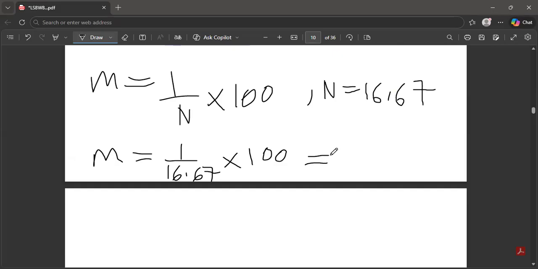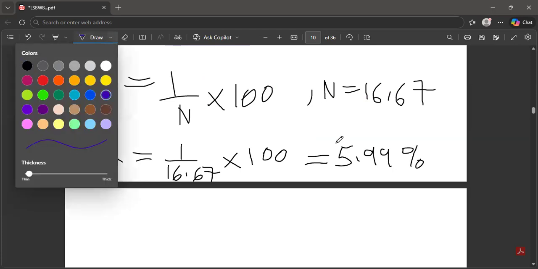What are we going to get? Let's all quickly work this out together. That is 1 over 16.67 times 100. And what are we all going to get? We're going to get 5.99, okay, 5.99%, which I think should be rounded.